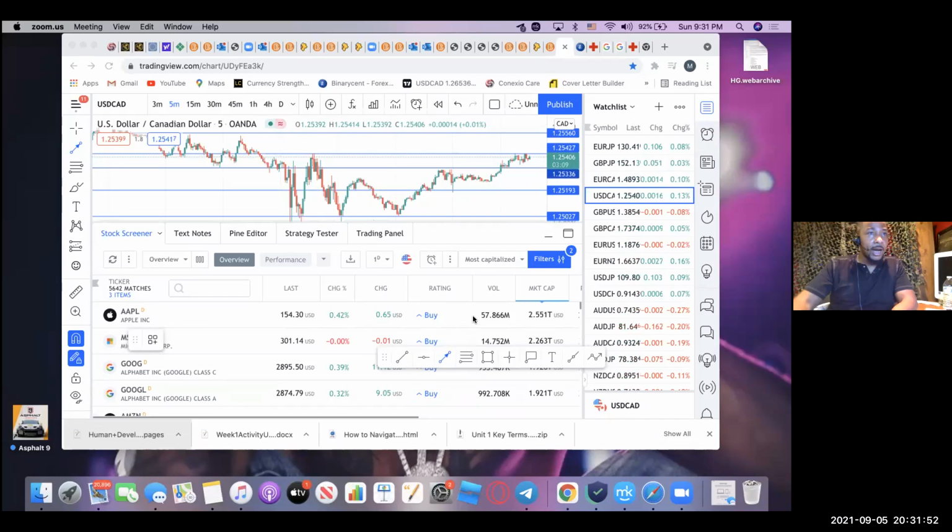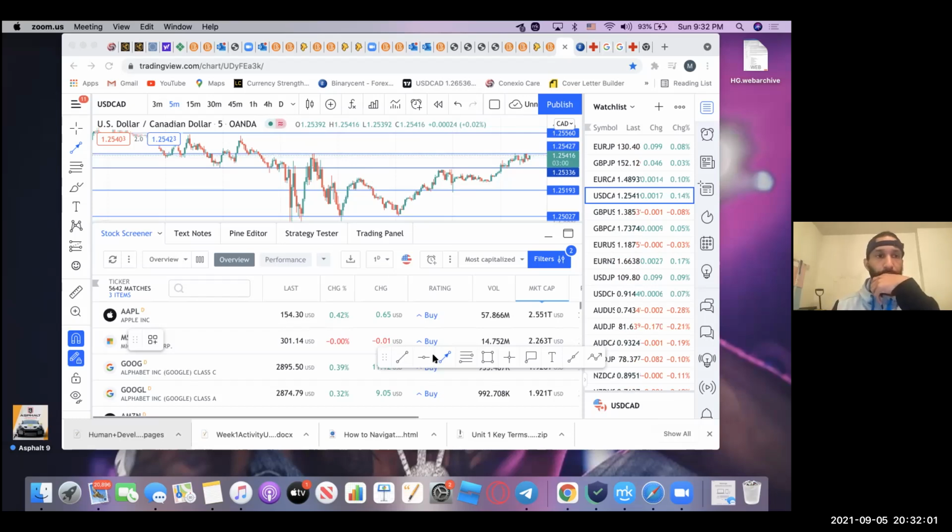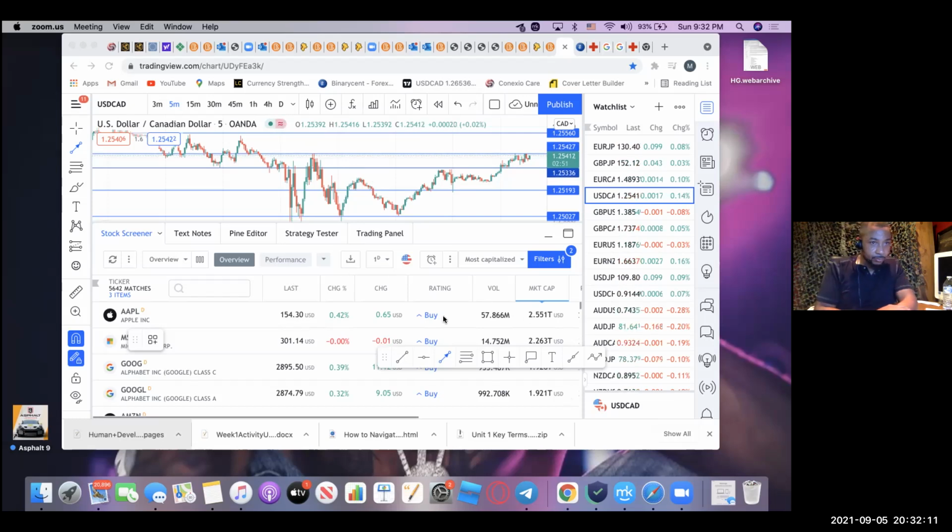Do you know how to make the stuff at the bottom of your chart, graph rather, disappear? Which part? Well, you see where it says Apple, Google, it's showing you all the stock tickers. Do you know how to minimize that, so your chart can be bigger? I want to say it's something at the bottom you can push. Let me see on my screen.